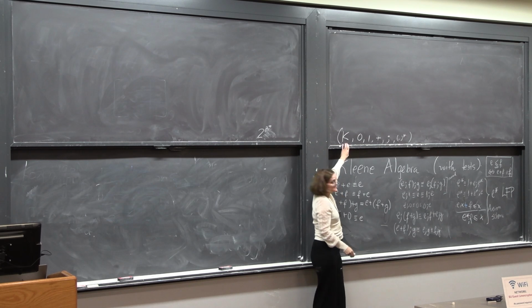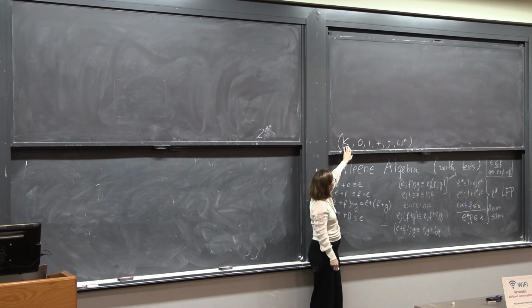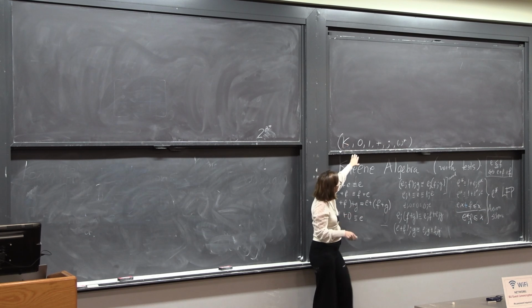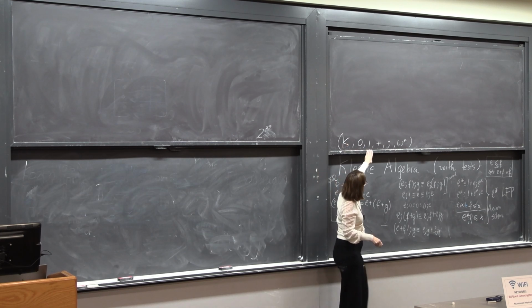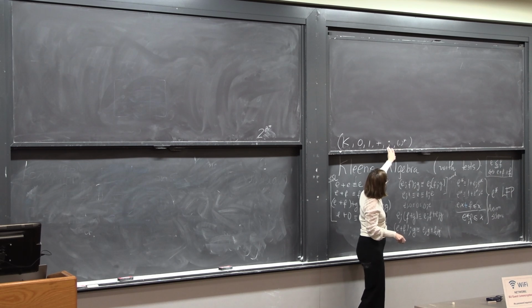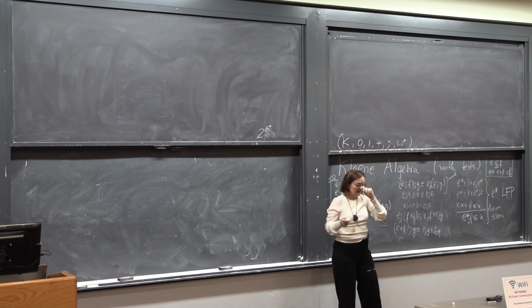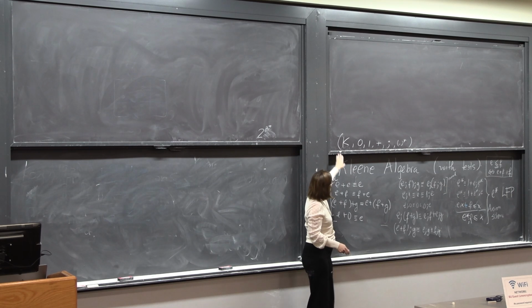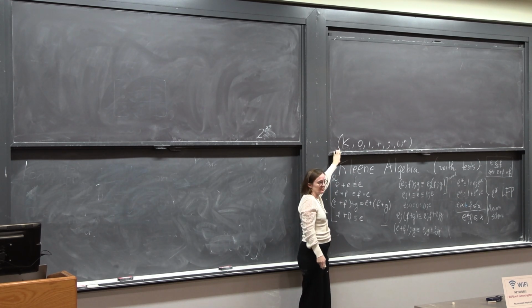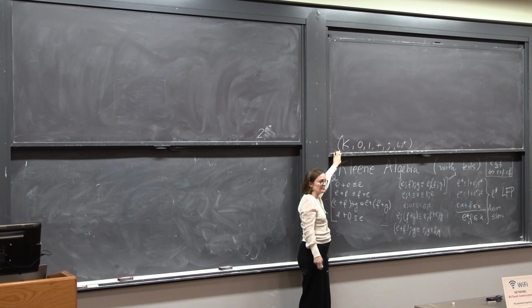So I have this structure, right? And I have this set K, which can be many things. And I have this 0, 1, plus, sequential composition and star. So it almost looks like I can talk about imperative programs. What am I missing to talk about imperative programs?